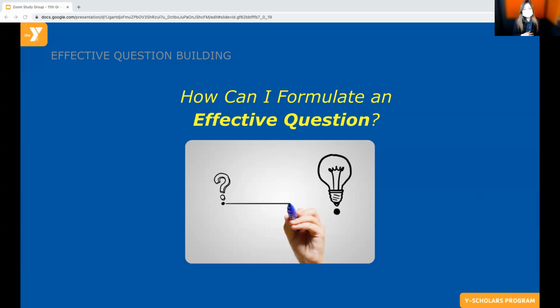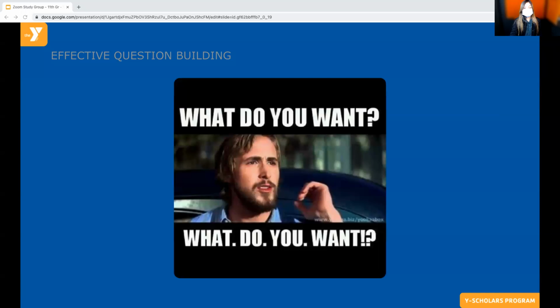So after spending these past 2 weeks on study tips, we also want to discuss test prep tips. And this comes from knowing how to guide our questions. When we formulate an effective question, we first want to know the purpose behind our question. What's the goal that we're trying to achieve by addressing this concern to another individual?